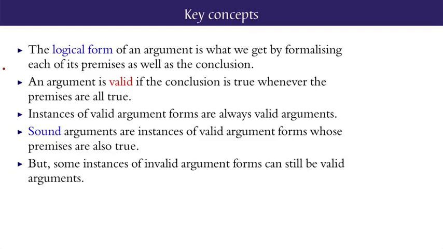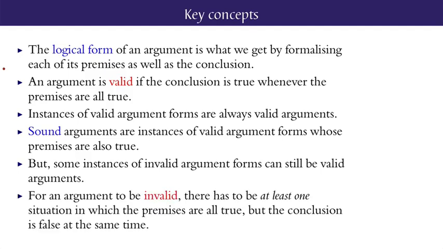But some instances of invalid argument forms can still be valid arguments. For example, our two sample arguments on the first slide are valid instances of the ludicrous invalid argument form from the premise if P then Q, together with premise R, conclude S. For an argument to be invalid, there has to be at least one situation in which the premises are all true, but the conclusion is false at the same time.